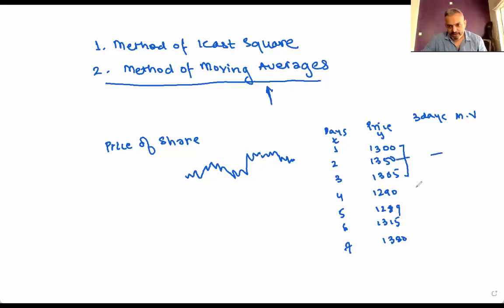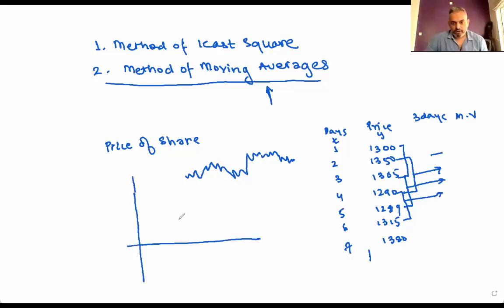Then I'll take another 3 and get a number, then another 3, and another 3, and I'll get some numbers. Then I will plot them on a graph.